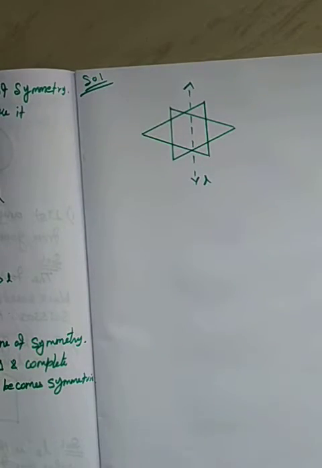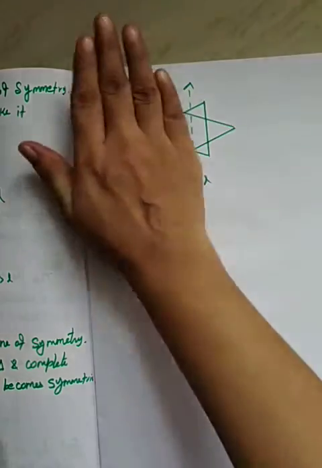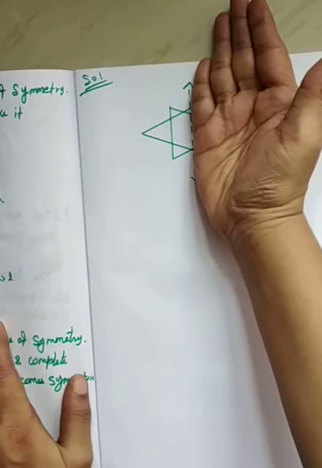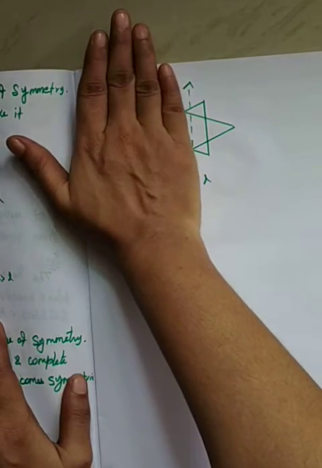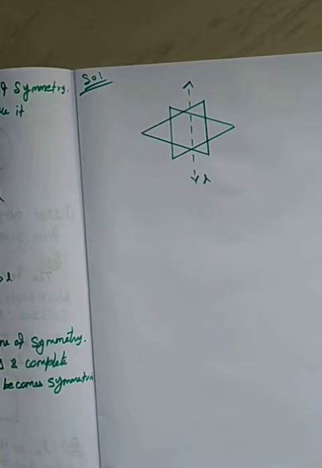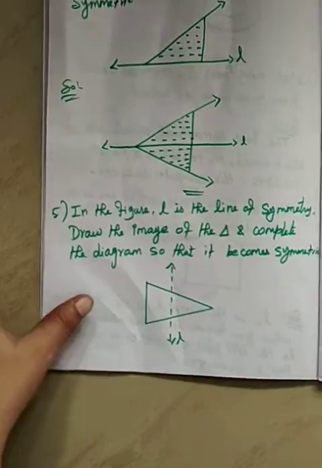Okay, see this side, the left side, and the right side. So this is the mirror line. So we can say that this one is symmetric. Everybody clear?